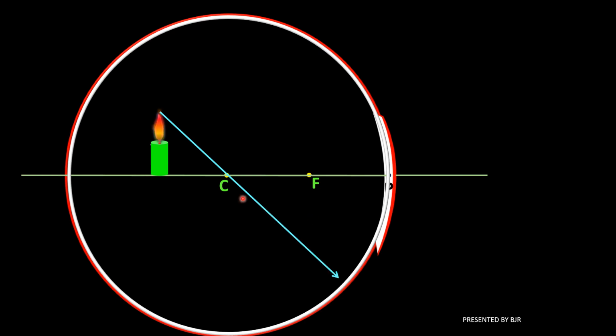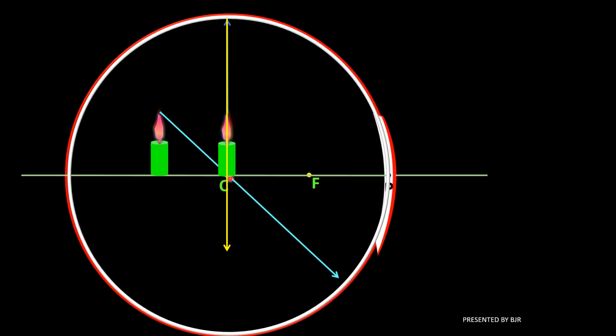Similarly you see here, I will place the candle at point C. Suppose a ray is going like this and falling on the mirror here. Then what will happen here? It will get reflected and will come back along the same path but in the opposite direction, and that ray will pass through the center of curvature again. See here how it is coming. So the reflected ray is passing through the center of curvature.